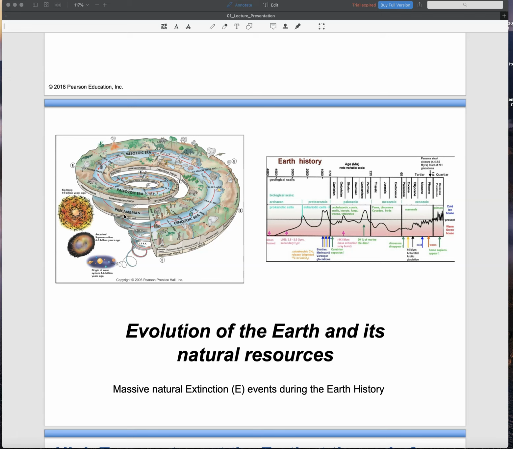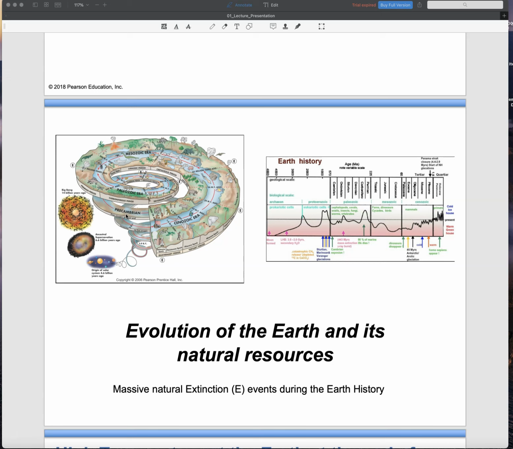But the most important thing is that in this era, most of the organisms that were on the planet were very simple in complexity.